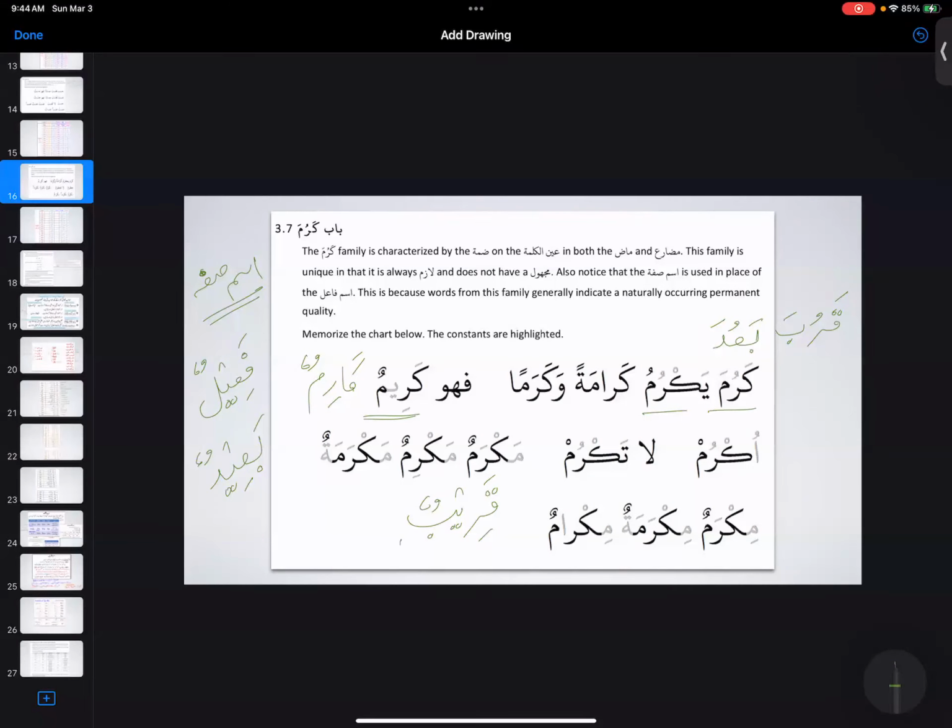So this is the fa'ilun pattern, suggesting that it is a permanent quality, that Allah is always qareeb. This is a beautiful bab, subhanallah. And we are going to get ism sifa, not ism fa'il, out of this family.